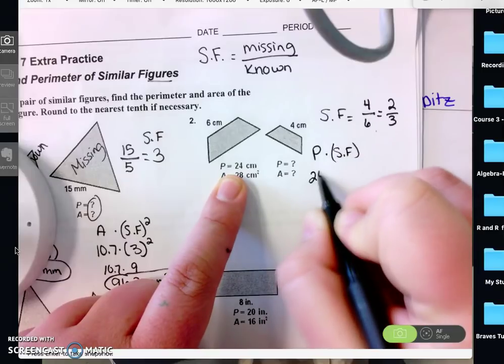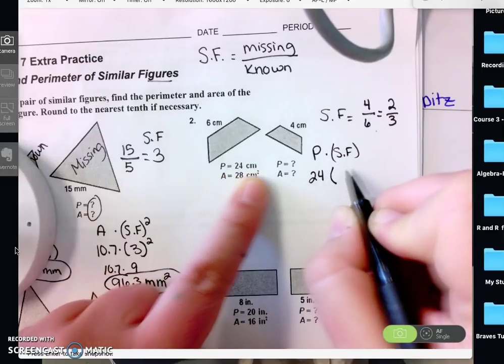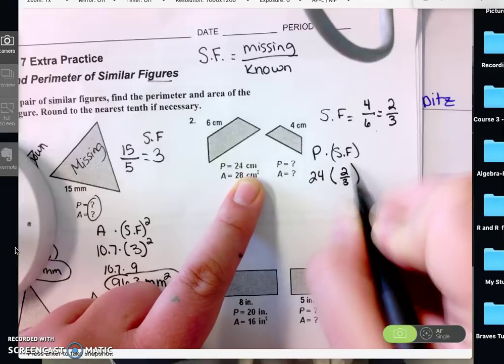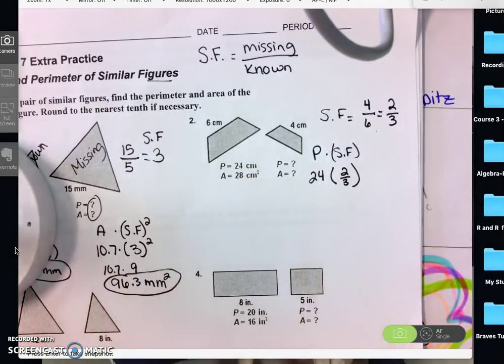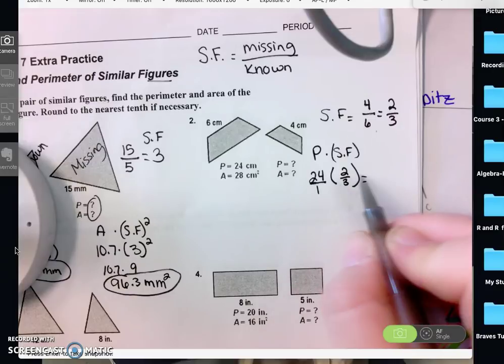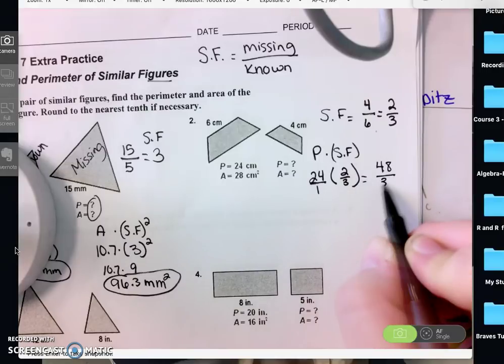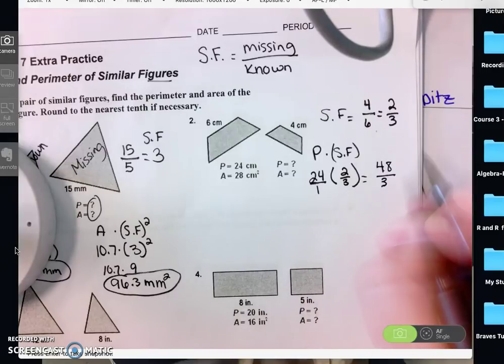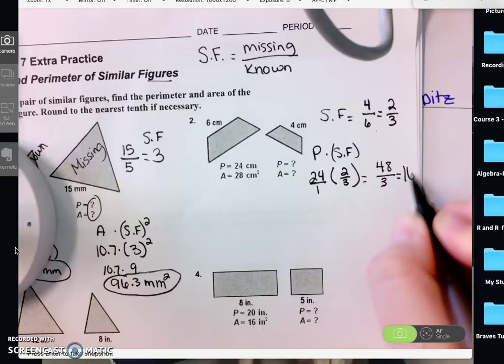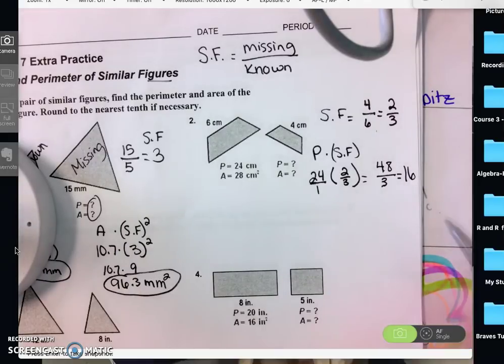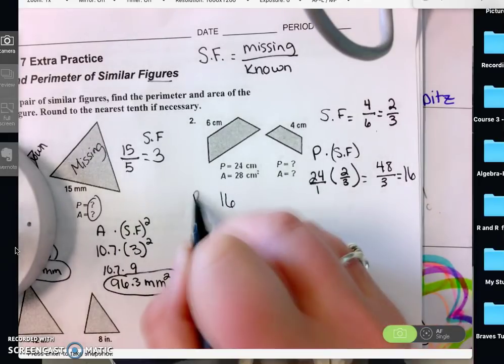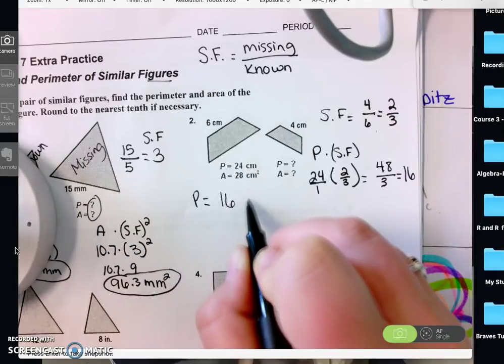So 24 times 2/3. 24 times 2 on top is 48, 1 times 3 on the bottom. 48 divided by 3 is 16. So the perimeter is equal to 16 centimeters.